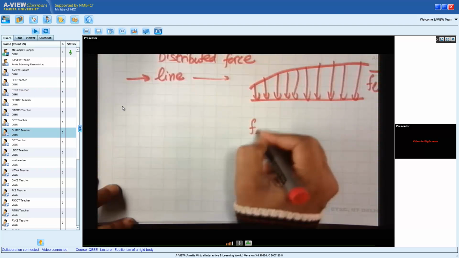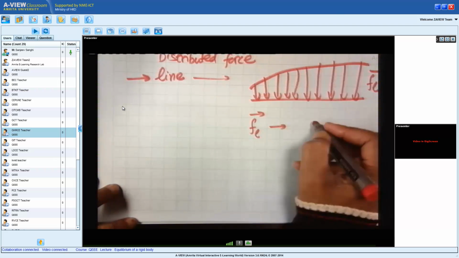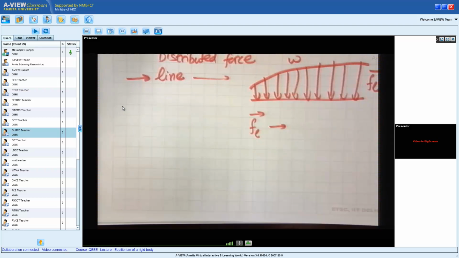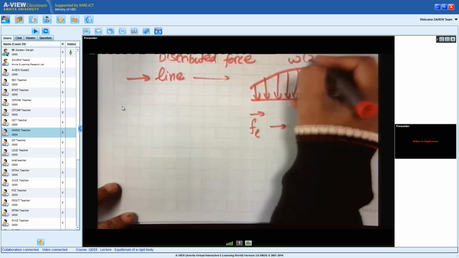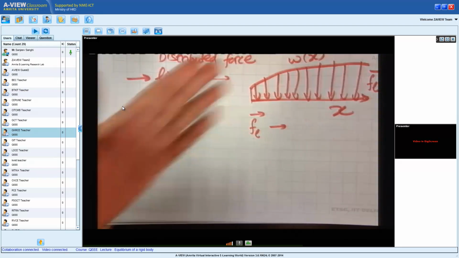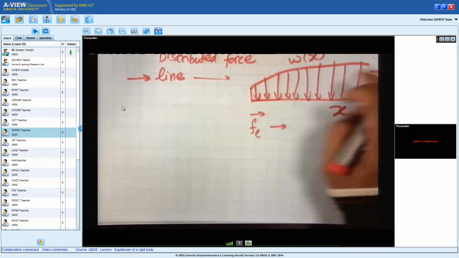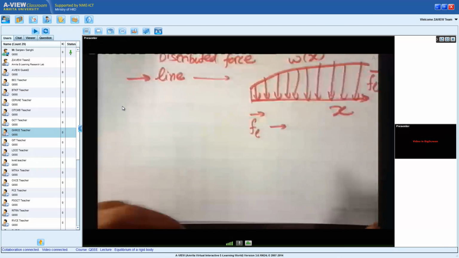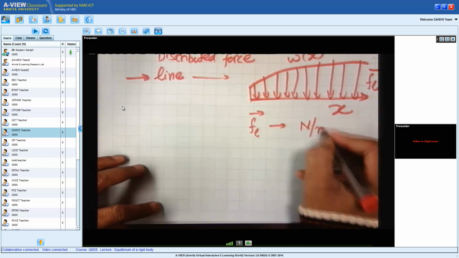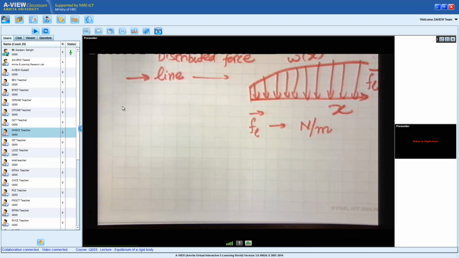The unit of the distributed force here, and let us say I write this function as W of x. This distance is x. So whatever this force is, when I say W of x, this will be some function. The units of this will be newtons per meter in SI units, because it is force per unit length.